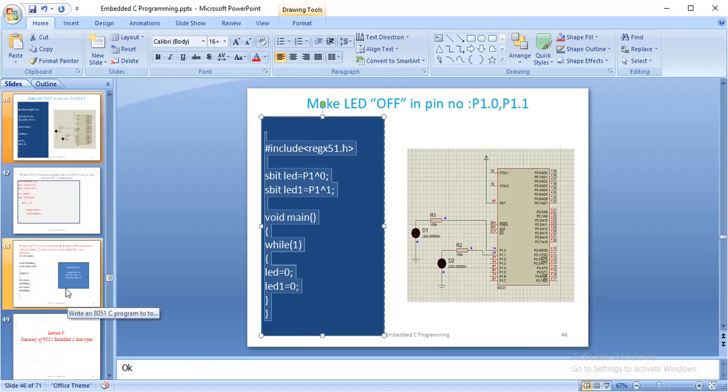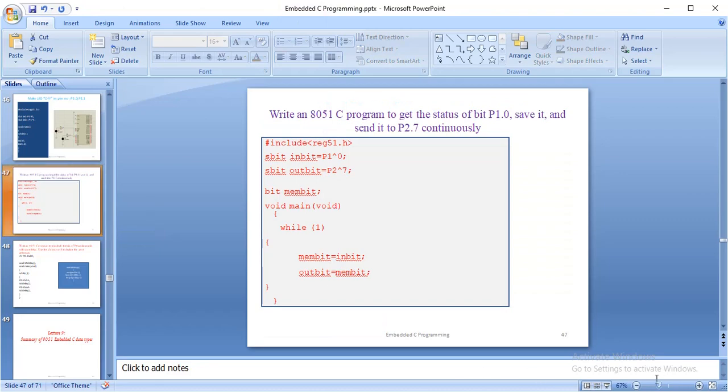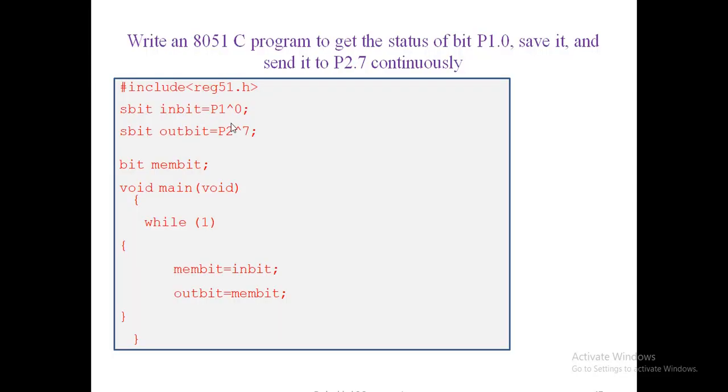Now the second program. Write a C program to get the status of bit P1.0, save it somewhere in the RAM, and send it to port P2.7.